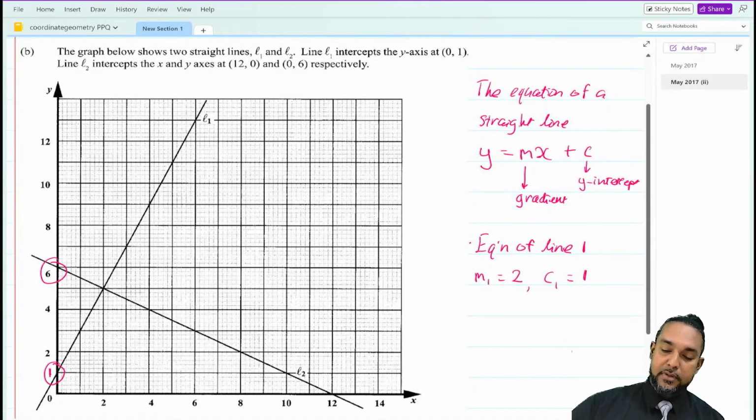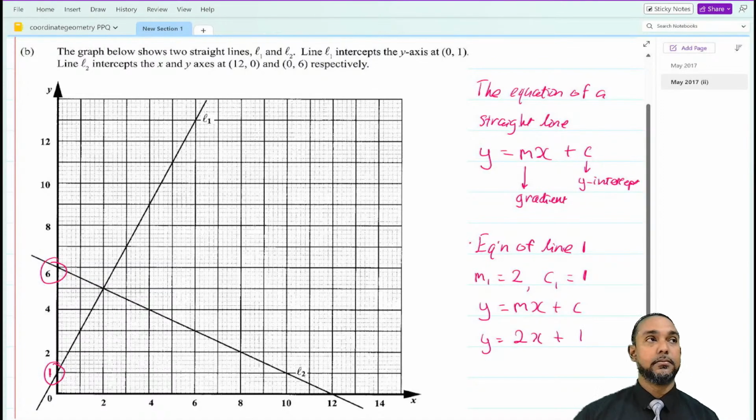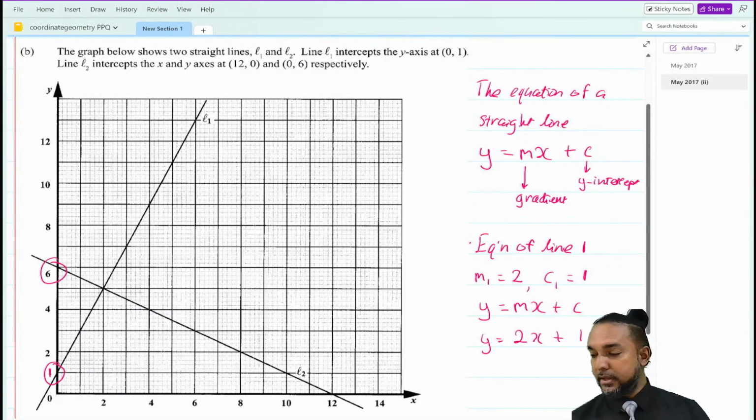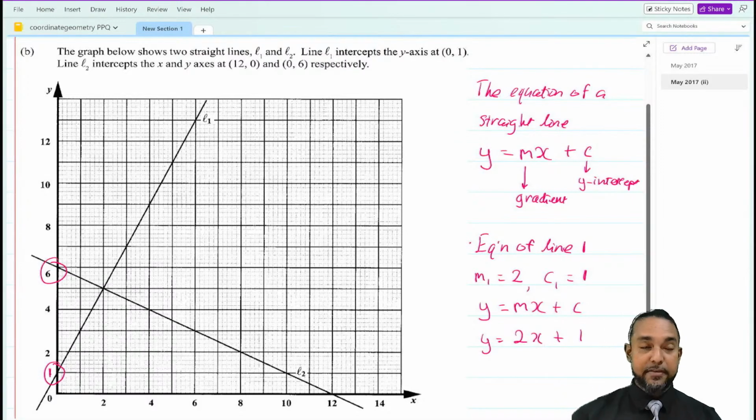So all we have to do to state the equation of line 1 is put the value of 2 for M, and 1 for C. That's it. In this particular case, they gave us the intercept. What used to happen before, and what can still happen, is you could have to find the intercept value, which we'll get to eventually.